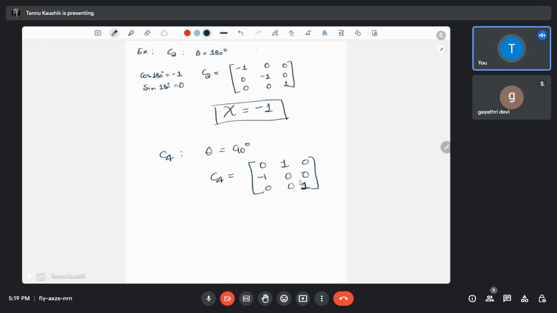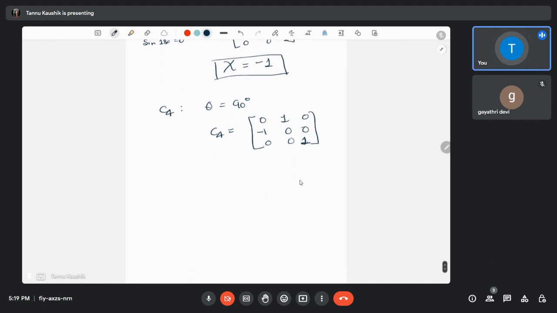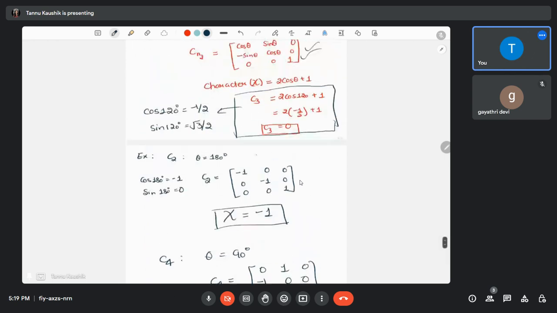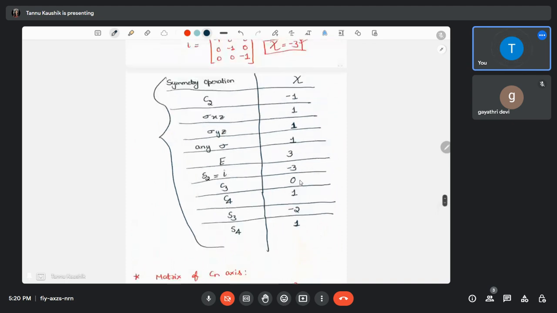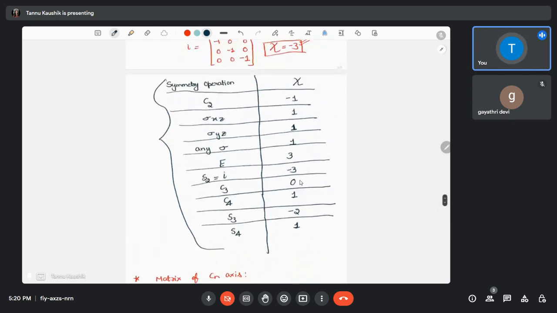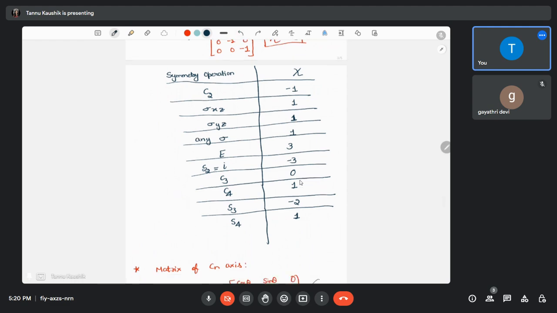So whatever elements are present in the matrix, we will have to sum up only the elements along the diagonal. So for this matrix, the character will be 1. So I would suggest you understand these matrices and remember these characters for all of the symmetry elements. Okay.